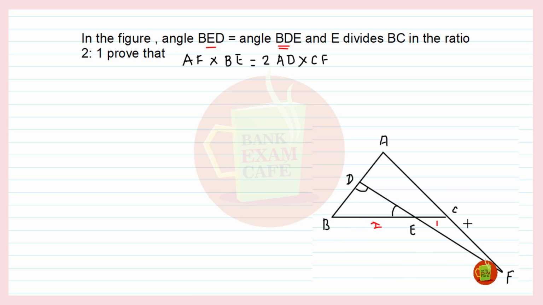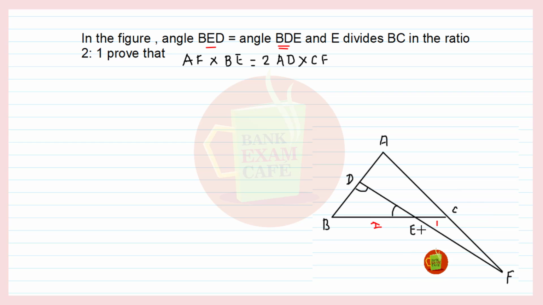Now friends, if you look at the figure, you will see that there are no parallel lines, nothing else. So we cannot apply basic proportionality theorem. There is no right angle triangle, so we cannot apply Pythagoras theorem, and therefore we will have to do some construction.